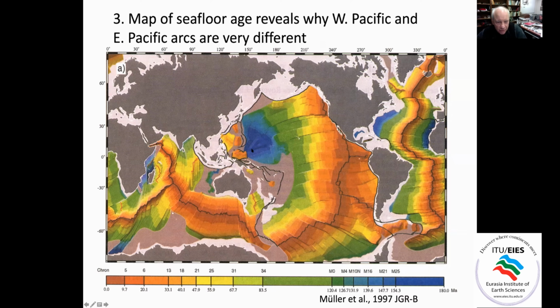Whereas in the Western Pacific, you're subducting some of the oldest oceanic lithosphere that we know about, early Cretaceous and Jurassic. So it's no surprise that we have a Mariana type convergent margin here and an Andean type here, just from seeing that map of oceanic crustal age and inferred buoyancies.